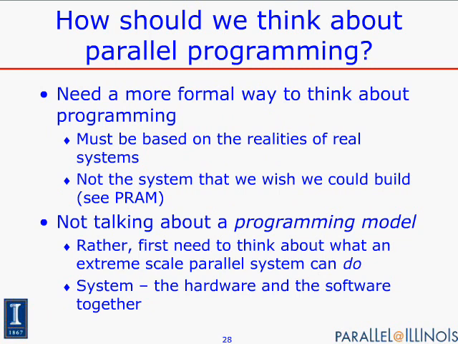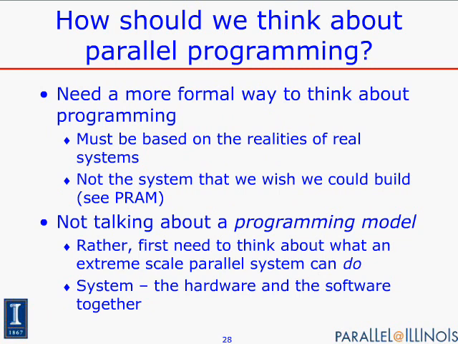And a very important point, and perhaps one of the most important points I want to make today, is I'm not talking about a programming model when I'm talking about how I think about parallel programming. One of the things I really would like you to take from this is that you need to think about parallel programming separate from the programming model.